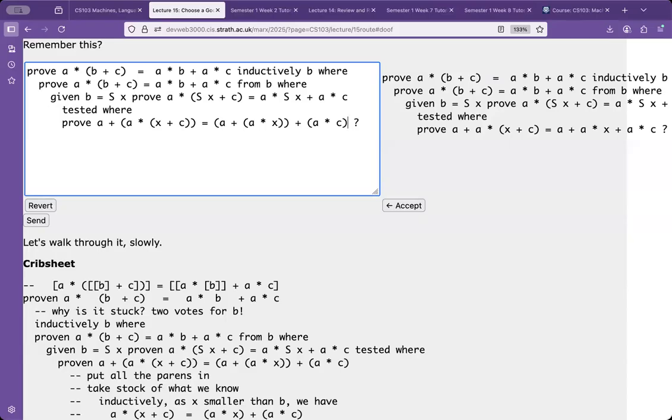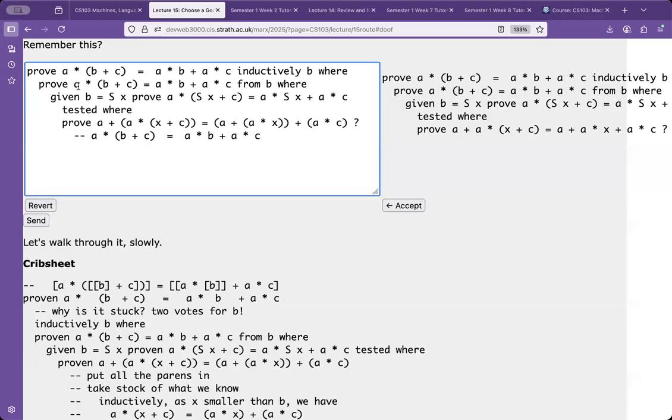Okay. So how do we strategize our next move? Step one is to take stock of what we know. So probably we should write down the inductive hypothesis. Right? Let's do that. As a comment. As a comment, yes. Then we see what's happening. So how do you do that? You literally make a copy of the goal, paste it into a comment, and then you replace the inductive variable by the thing that is known to be smaller than it.